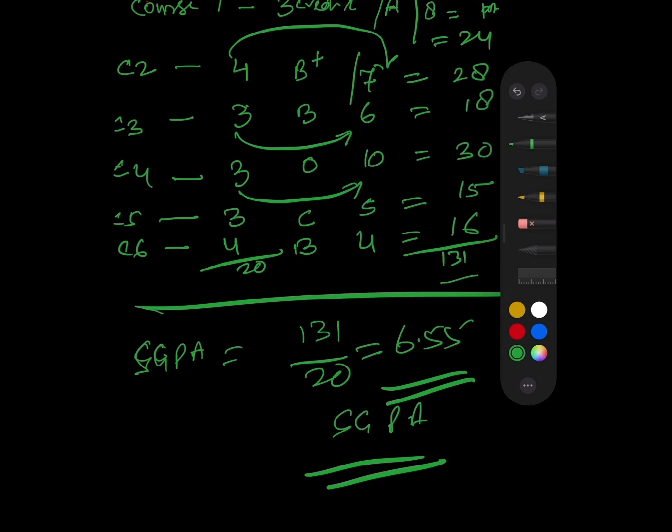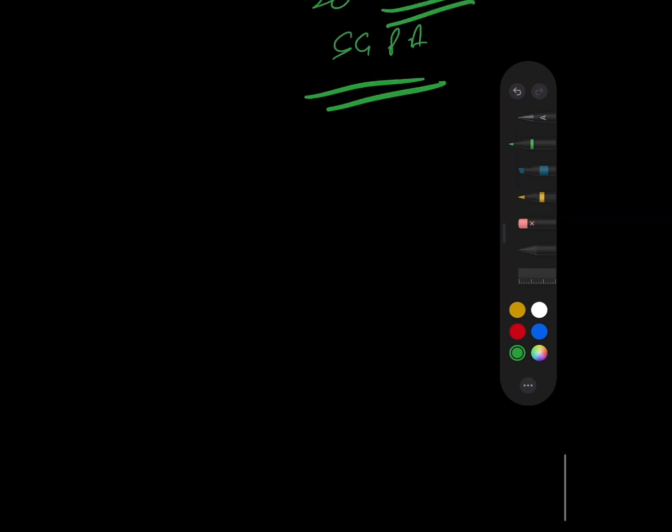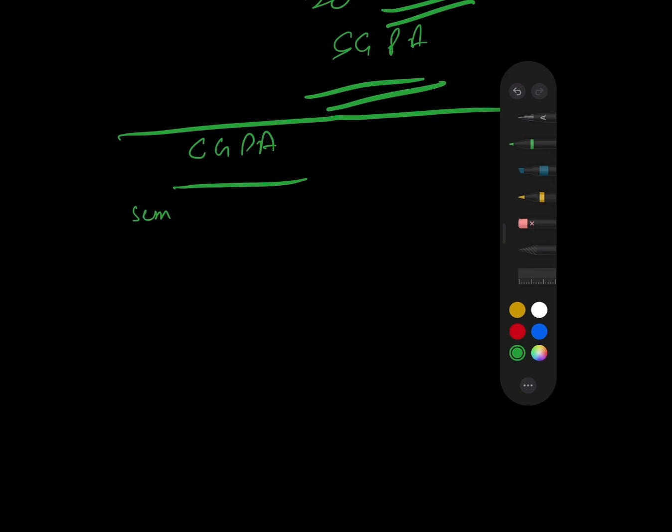Now, coming to CGPA, how will you calculate your CGPA? That is the cumulative grade point average. Say you studied 6 courses in semester 1, you studied 20 credits and you got 6.9 SGPA.